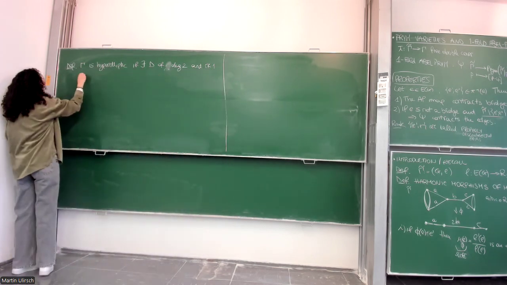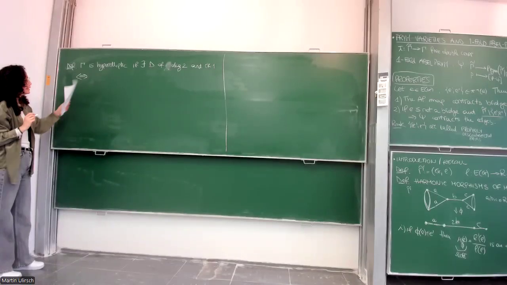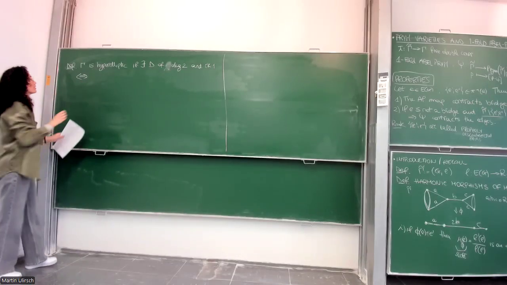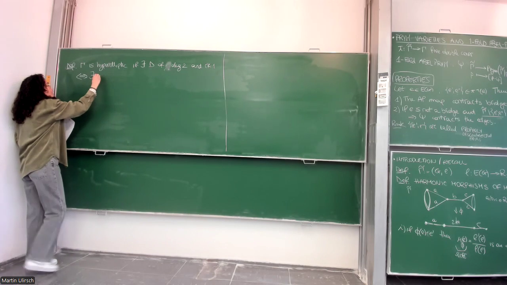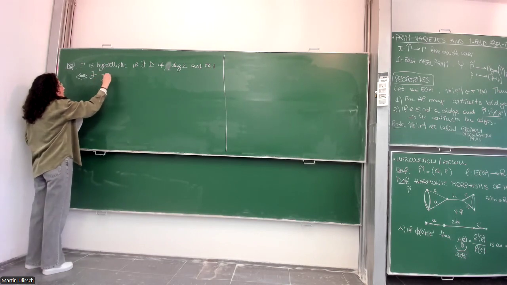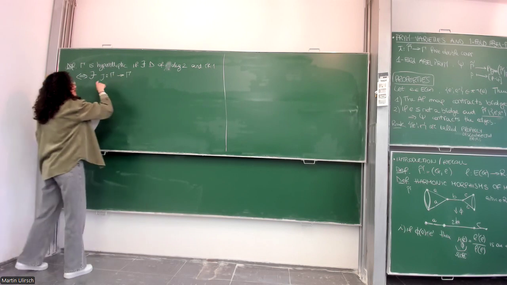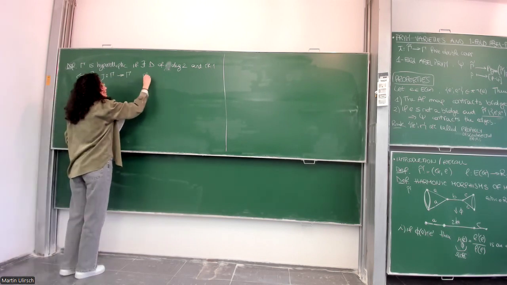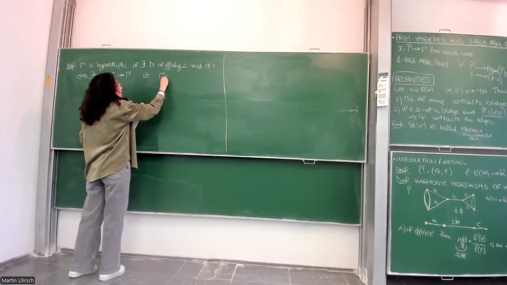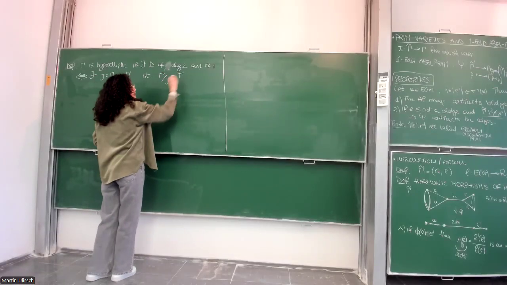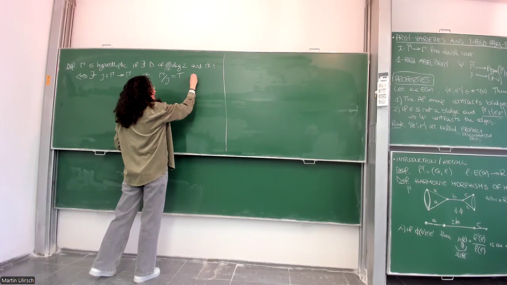But we can also describe the hyperellipticity by the existence of a length-preserving function from gamma to gamma, an involution on gamma such that the quotient by this involution is a tree, a metric graph of genus 0.